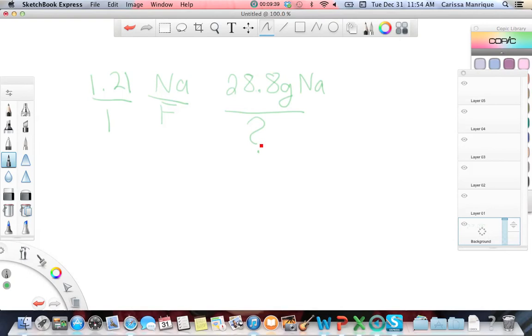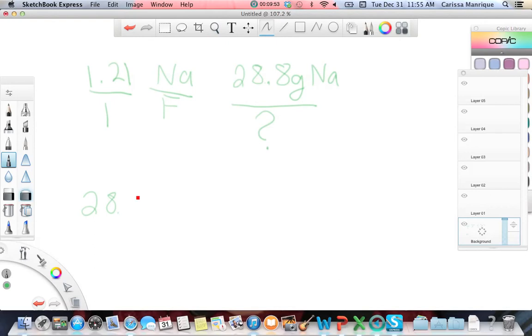Okay, so let's look at this. Let's do it in a stoichiometry way. So we have 28.8 grams of sodium. That's how much was produced. And we use this ratio, because if this is sodium fluoride, if sodium fluoride is the same as this sodium fluoride, the ratios have to be the same.